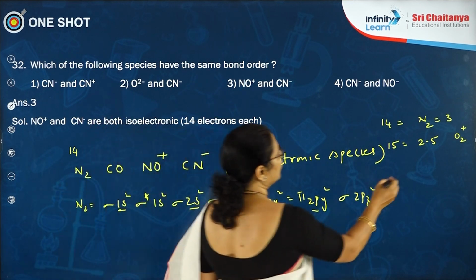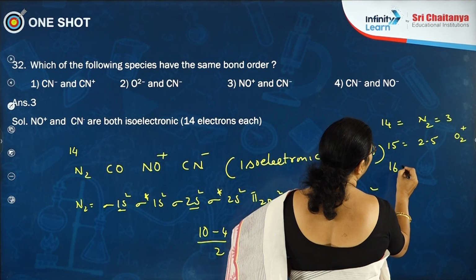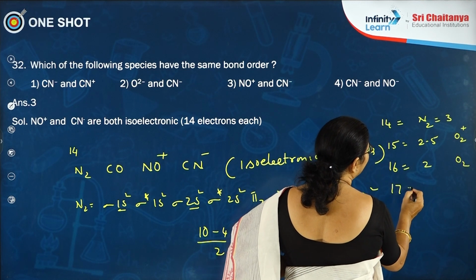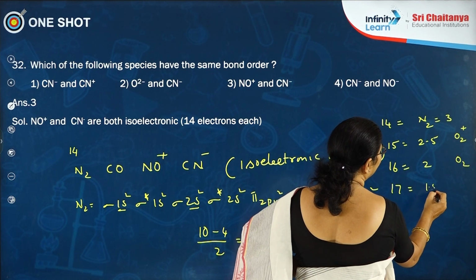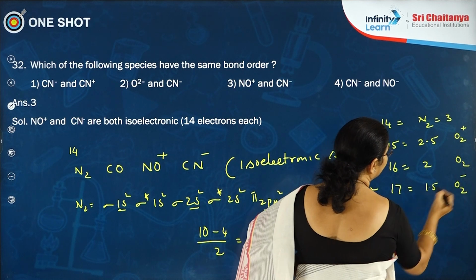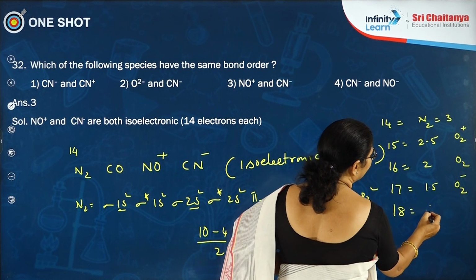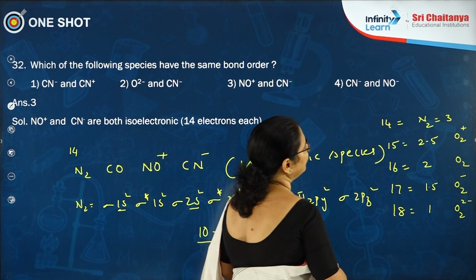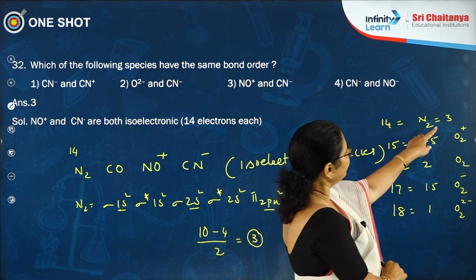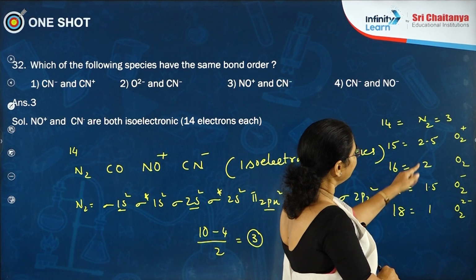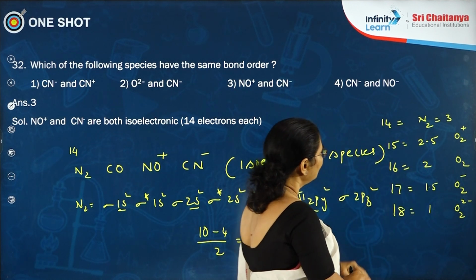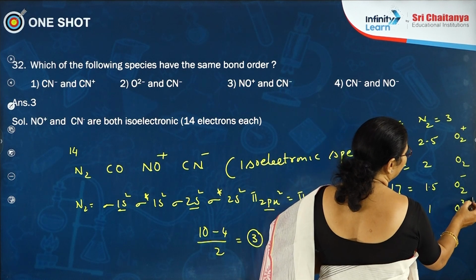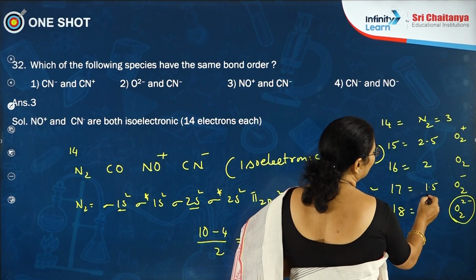So O2 with 16 electrons, bond order 2; 17 electrons, 1.5, O2 minus; 18 electrons, 1, O2 2 minus. Easily we can remember these: 14 is 3, 15 is 2.5, 16, just decrease by one number each time. So O2 2 minus is called peroxide, and O2 minus is superoxide.